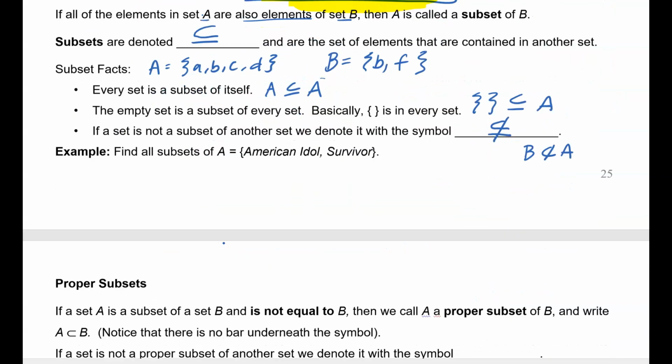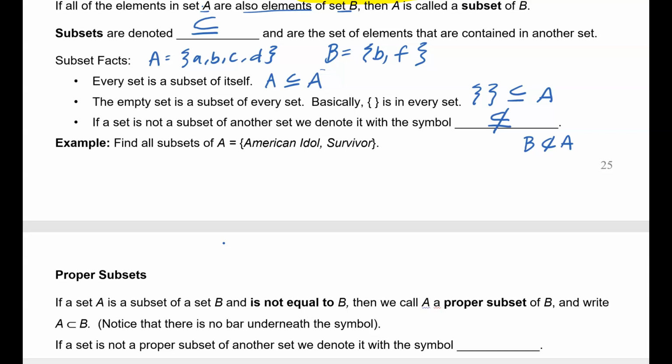So let's do another example. Find all subsets of A, American Idol, and Survivor. So when we have to list out all the subsets, what we're doing is listing out every set that would be completely included in A. One example would be the set with just American Idol, because American Idol is a part of this bigger set.